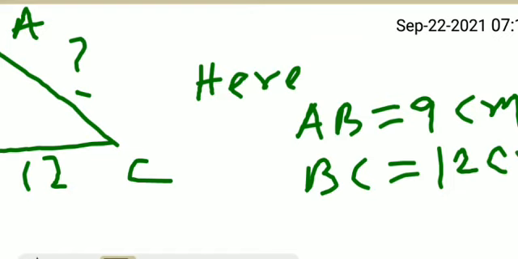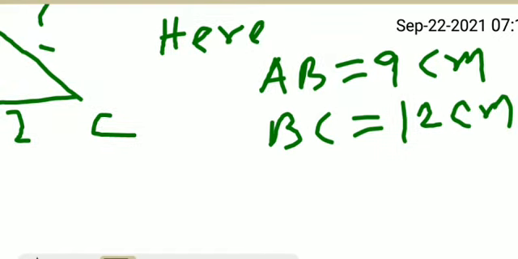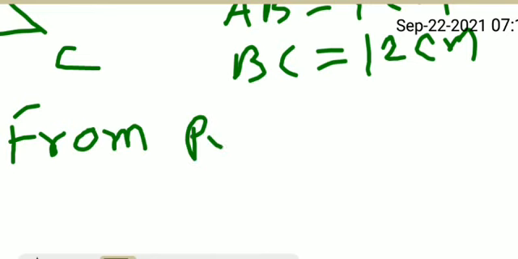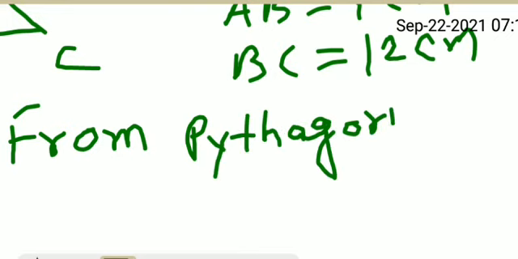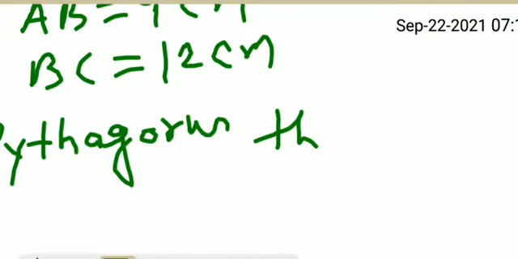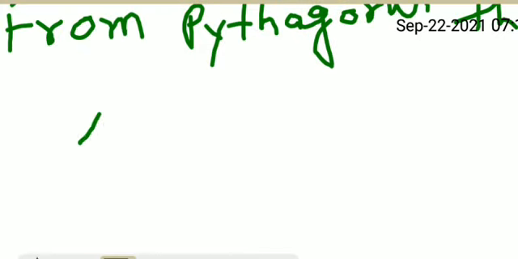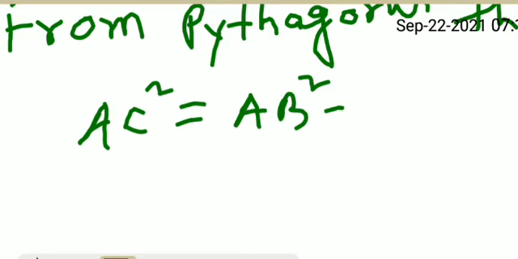So to find AC, from Pythagoras theorem, we can write AC square equals, that means hypotenuse square, equals AB square plus BC square.